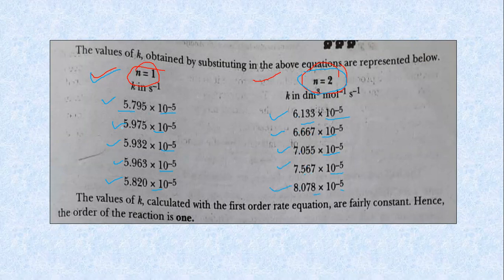If you observe, these values seem to be constant. Everywhere there is a 5 point something. But if you see here, 6 point, 6 point, here 7 point something, 7 point something, 8 point.